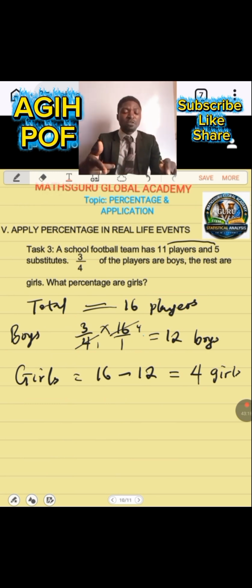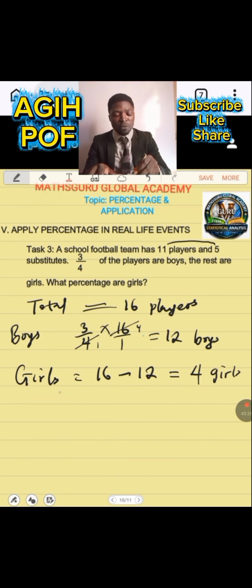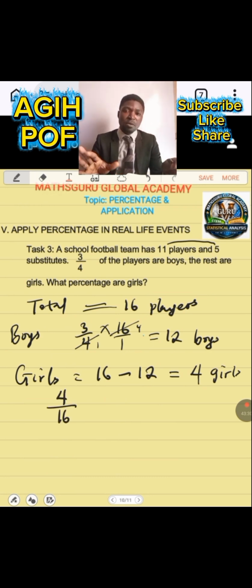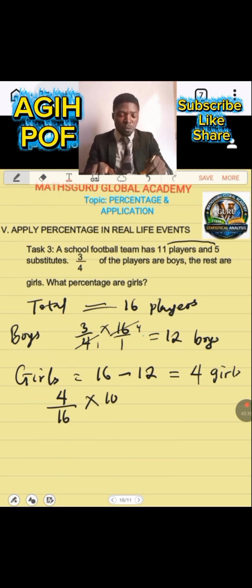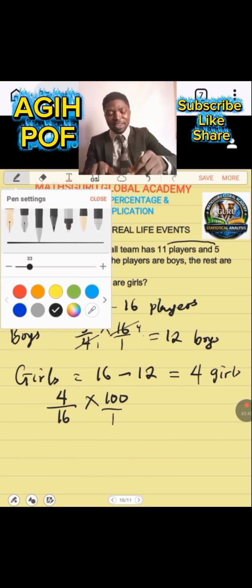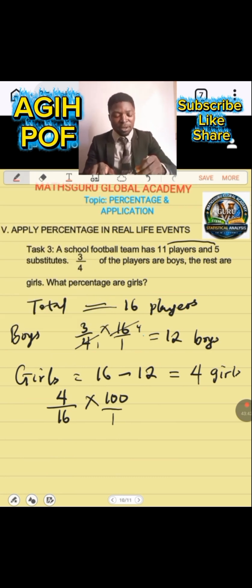What fraction of this girl do we have of the total number? We have 4/16 for girls. So convert this to percentage. Very simple. Times 100/1. Okay, this can simply be done this way. 4 in 4, 1. 4 in 16, 4.